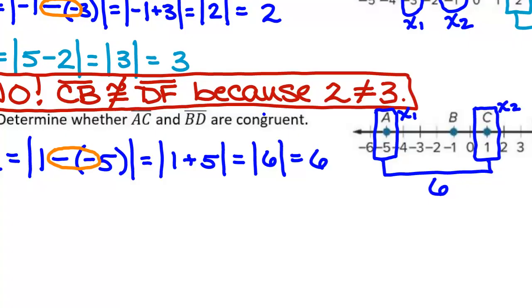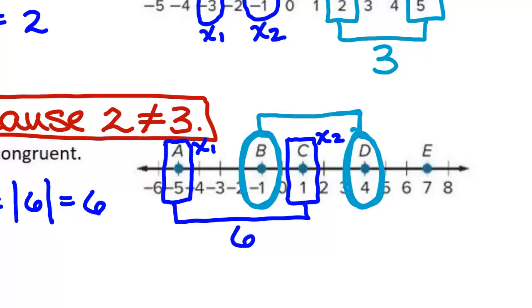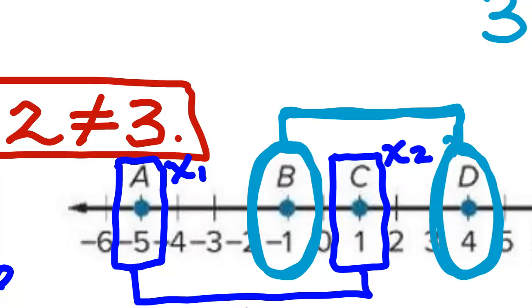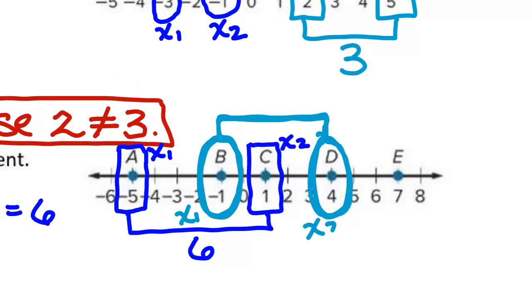The other segment that we want to go look at is segment BD. Well, here's B at -1, and here's D at 4. So this segment right here. I'm going to let B be my X1, and I'm going to let D be my X2.